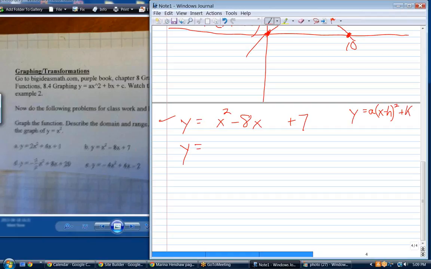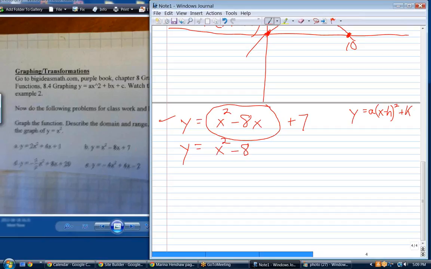You factor x from x squared minus 8x? No. You take half of the coefficient of the x term. What do you do? When I'm completing the square, I take half the coefficient, which is minus 4, and I square it, and I add it.